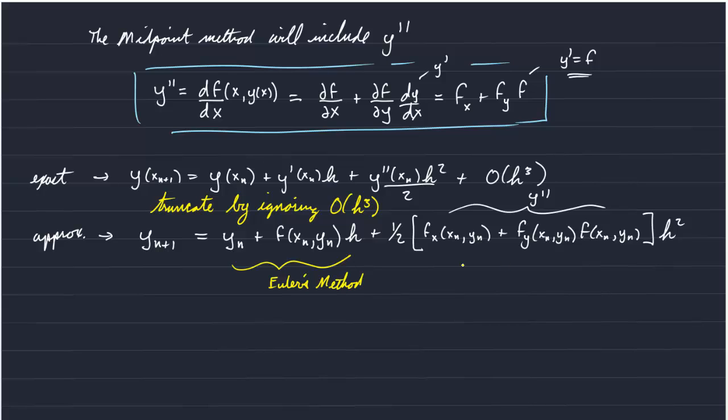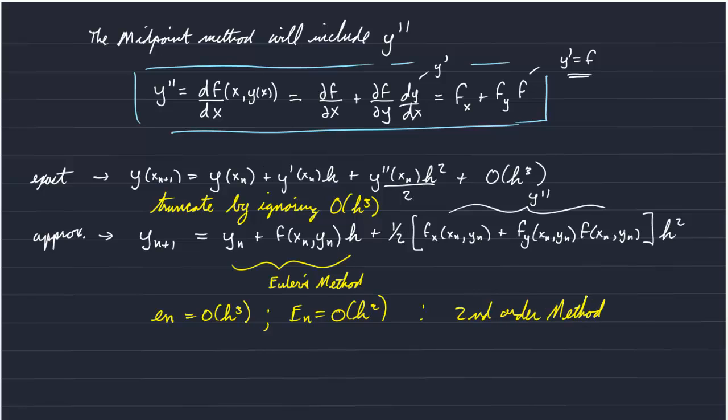But here we have a higher order term, and therefore our truncation error, little e sub n, is of order h cubed, and the accumulated truncation error, capital E sub n, is of order h squared. So this is a second order method.